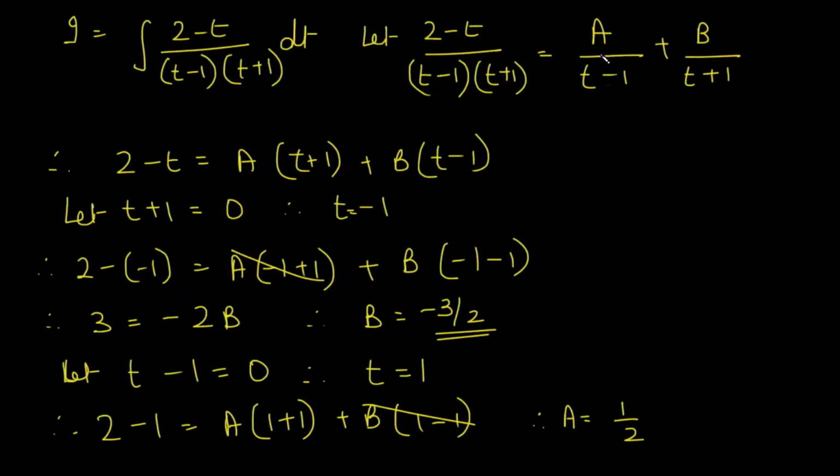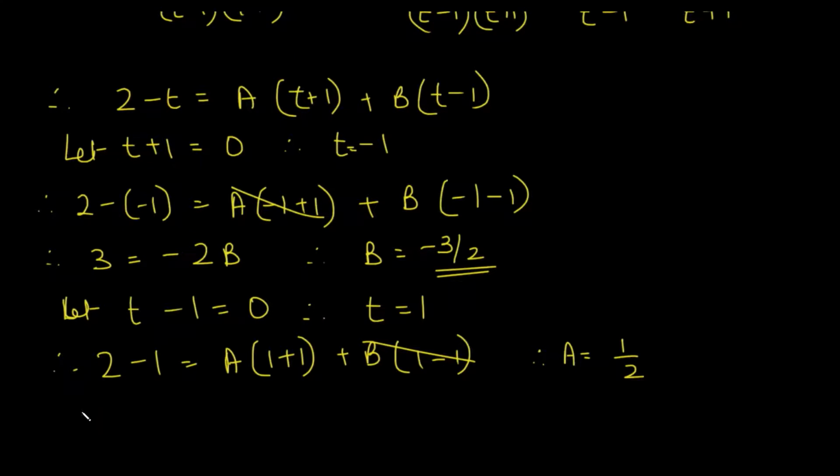Now we resubstitute a as 1 upon 2 and b as minus 3 upon 2 in this equation. So our integral becomes, therefore I is equal to integral of 1 upon 2 upon t minus 1, minus, because b is minus 3 by 2, so we put a minus sign over here, 3 by 2 upon t plus 1 dt.